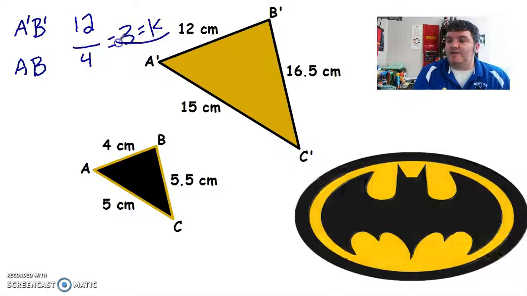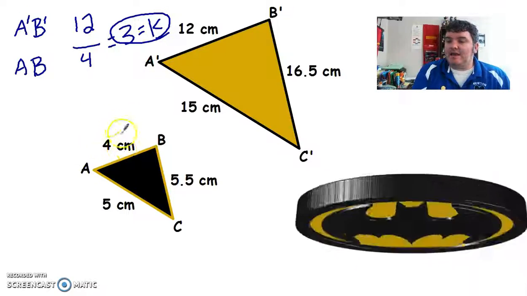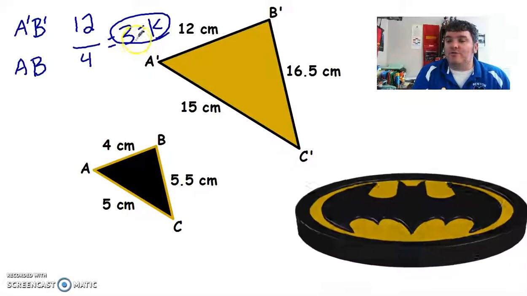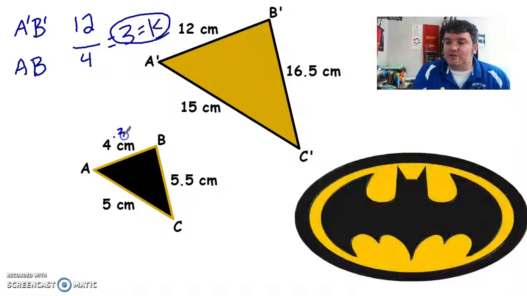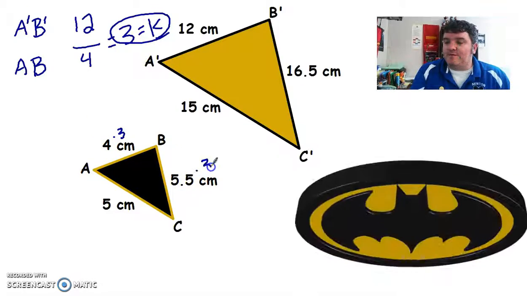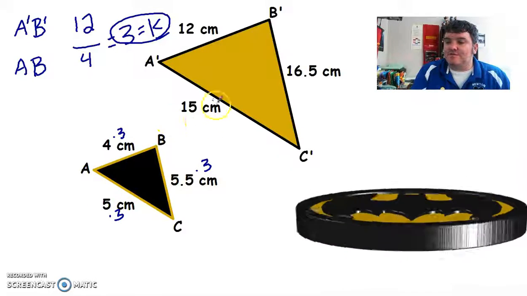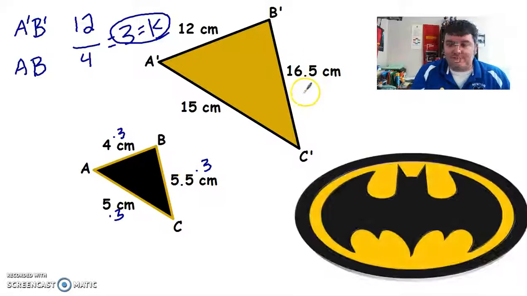This means that every number in the original, since it is greater than 1, was enlarged 3 times. So 4 times 3, 5.5 times 3, 5 times 3, and you can see 5 times 3 gives me 15. 5.5 times 3 gives me 16.5.